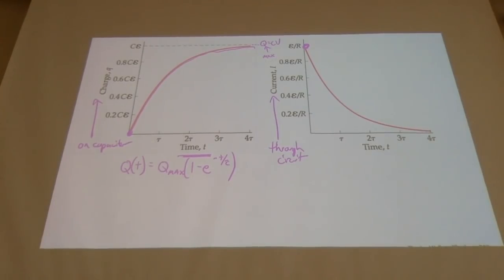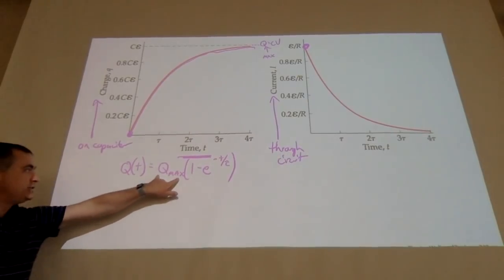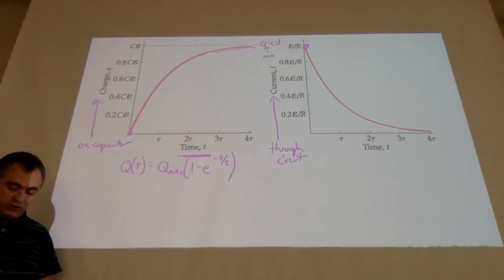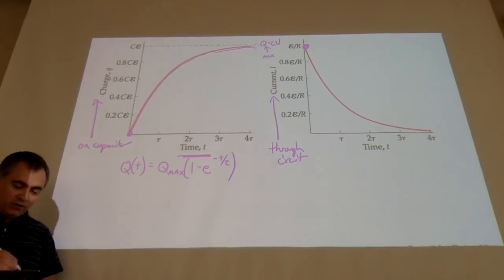Notice there's going to be some constant values in here. The maximum you can put on the capacitor Q is, as before, equal to C times V.